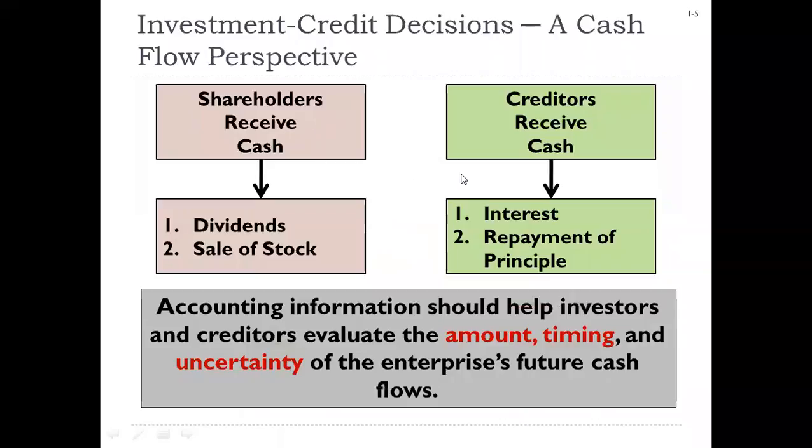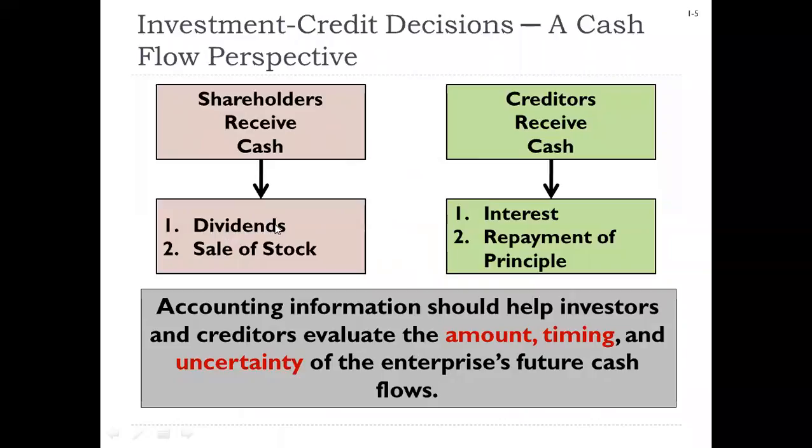Investment credit decisions. So there's two ways for a company to get cash in. One is through shareholders. So the company sells stock to people, shareholders, and in return, shareholders receive dividends.